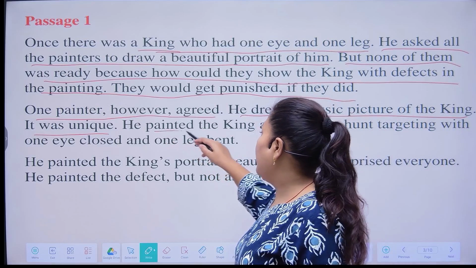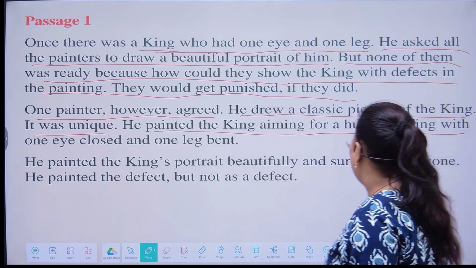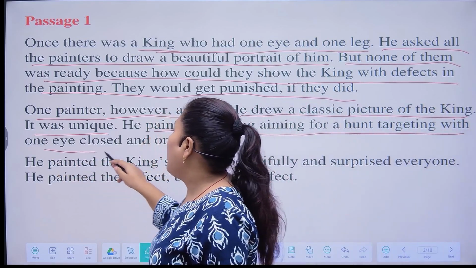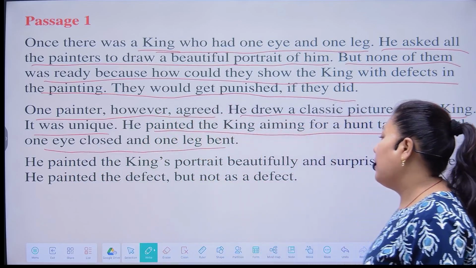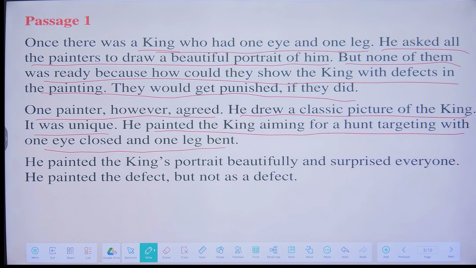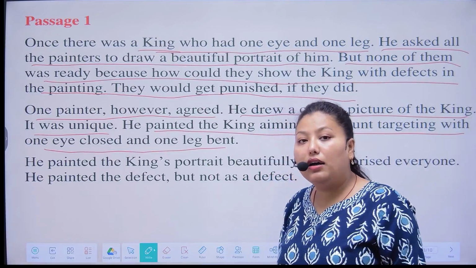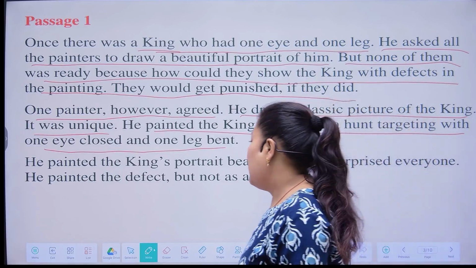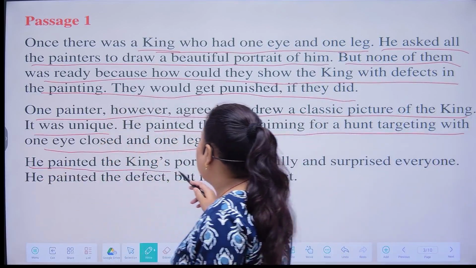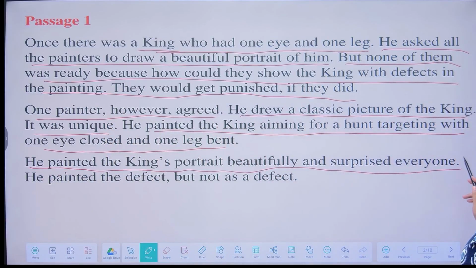The painter painted the king aiming for a hunt, targeting with one eye closed and one leg bent. When the painter painted the king's portrait, how did the other people react? He painted the king's portrait beautifully and surprised everyone. So everyone was surprised after watching the portrait.